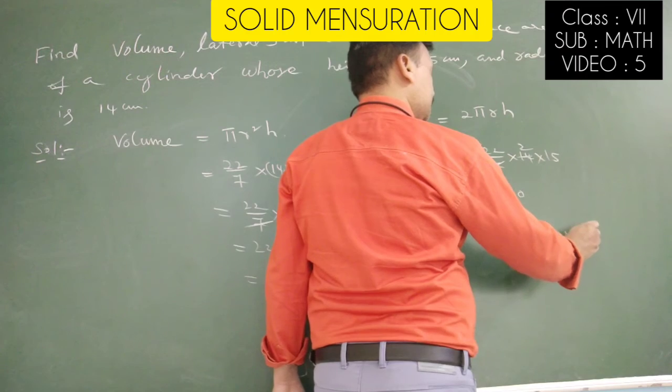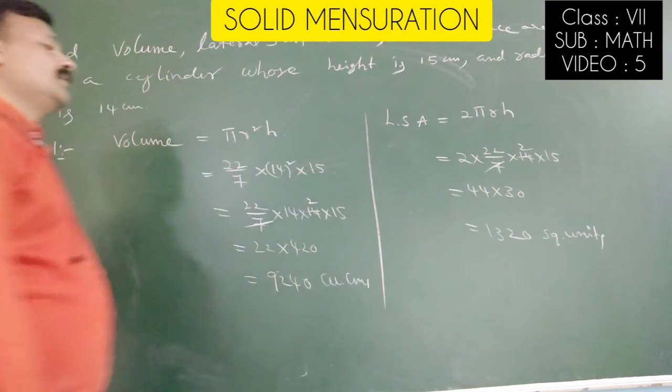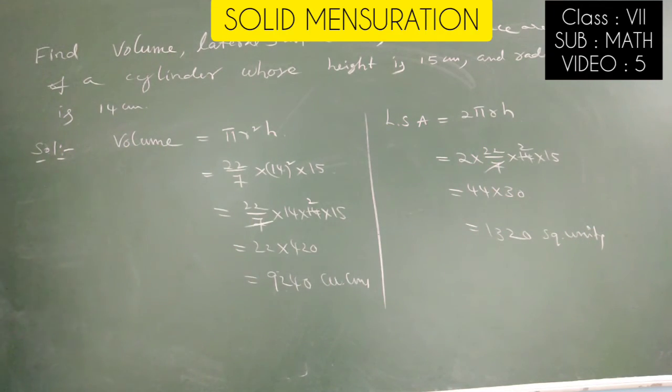Square units, 1320 square units. Okay, volume and lateral surface area are done. One thing we have to find, that is total surface area.